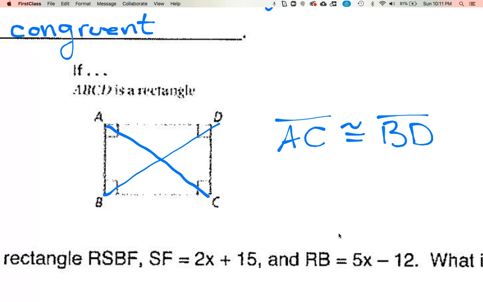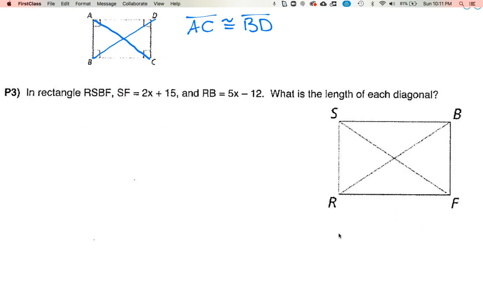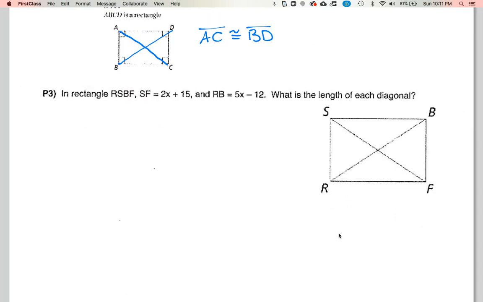So in rectangle RSBF, SF is 2x plus 15. RB is 5x minus 12. They are diagonals in a rectangle, which means they should be congruent to each other.